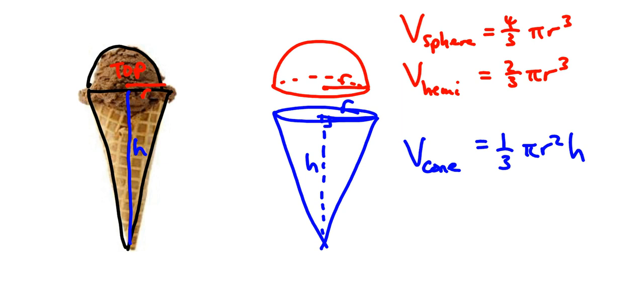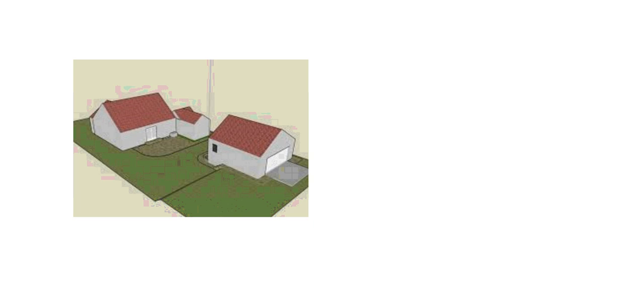Well, in a different context, let's imagine that you're looking to approximate the volume of a house. The size of your heating and cooling system is based on the size of the house. What's the volume of the house? How do you approximate the volume of the house? Well, this house appears to be fairly straightforward.